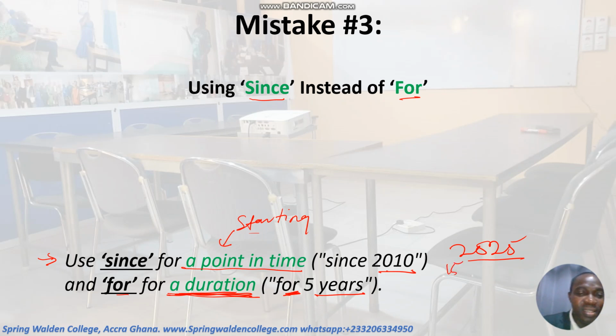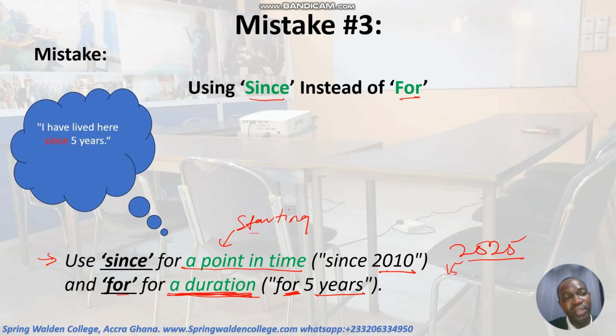Okay, so we use since when we want to indicate the time the action started, and we use for when you want to indicate how long the action has been taking place. I hope you understand. So if you have a sentence like this, I have lived here for 5 years.